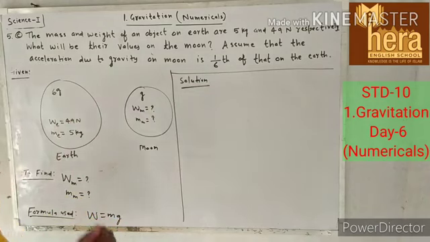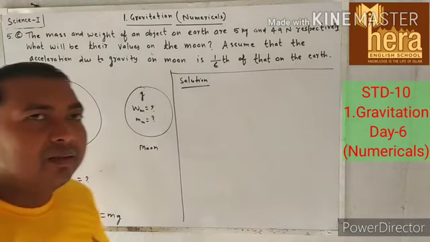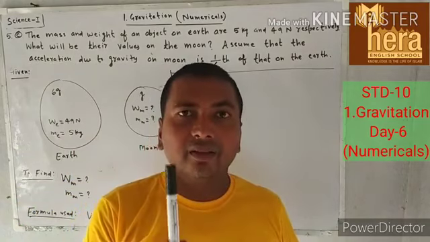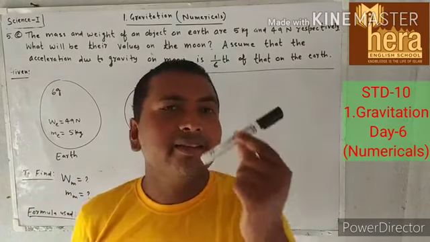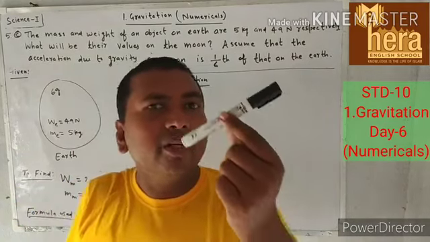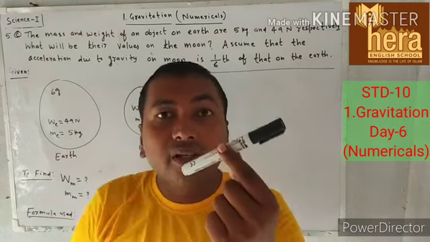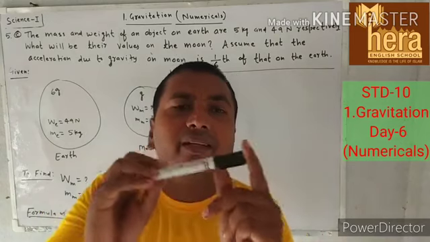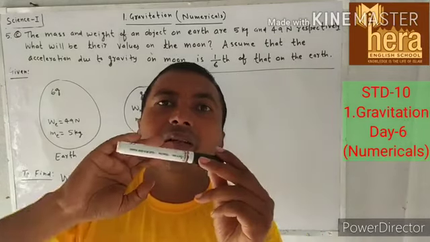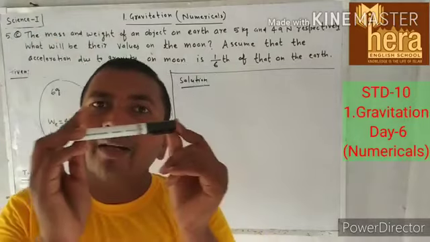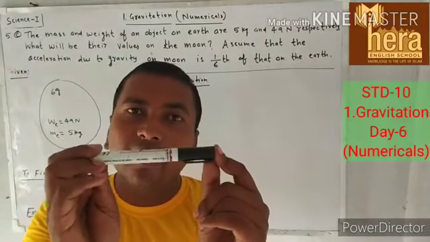Okay, one thing: mass. Suppose this is a marker. Its mass is 25 gram on the surface of moon or earth. If you take this marker on the moon surface, then again the mass will be the same, again 25 gram.